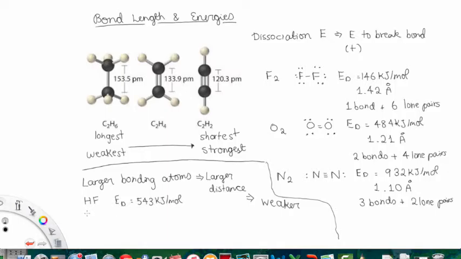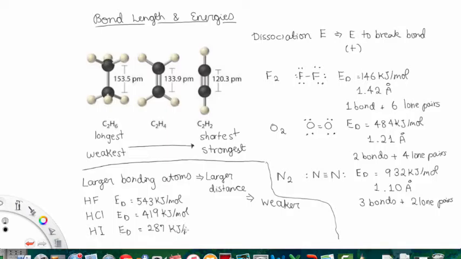Then let's move on to a larger radius, HCl, which has a dissociation energy of 419 kilojoules per mole. And now let's look at HI, which has an even larger radius, and we have a dissociation energy of 287 kilojoules per mole.